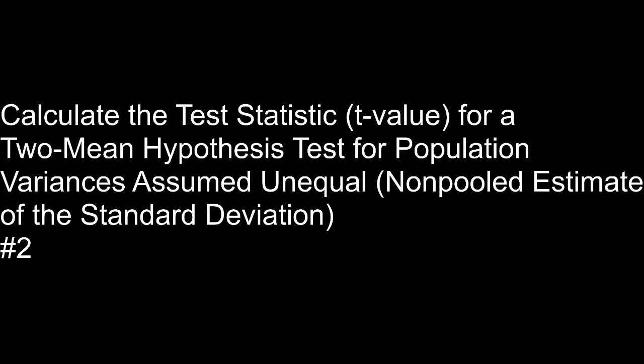When the population variances, or the population standard deviations, which are just the square roots of the variances, are assumed unequal, we have what's called a non-pooled scenario, where we're not pooling the standard deviations together to estimate the population standard deviations. So you see them in parentheses at the end of the title, non-pooled estimate of the standard deviation.